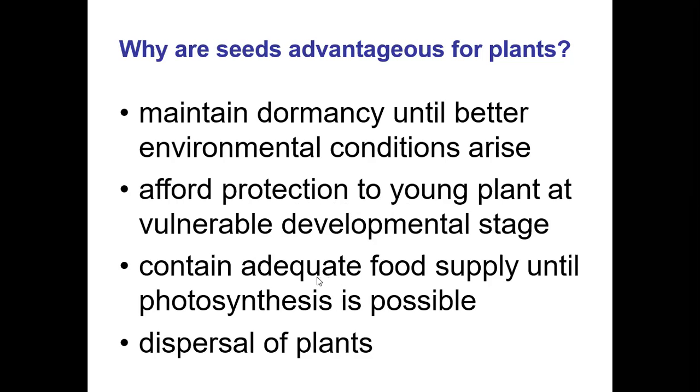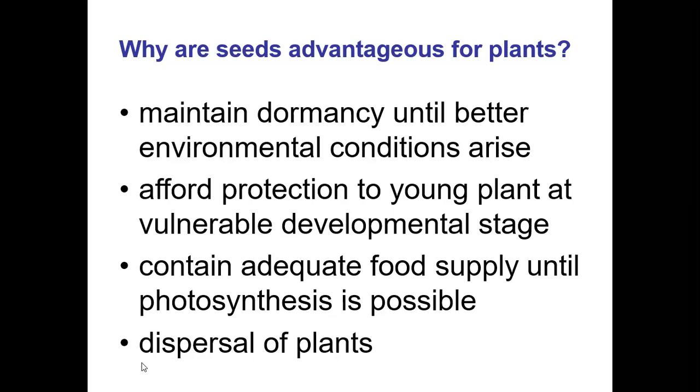Adequate means required food is there inside seed. Therefore, due to this food contained inside seed, photosynthesis is possible after germination. Before photosynthesis, seeds need food. That food is required, that food is obtained from inside the seed.